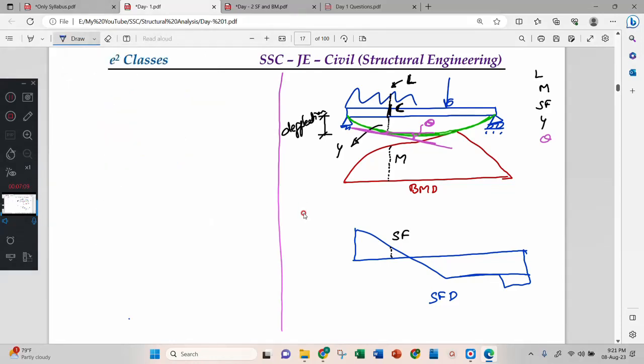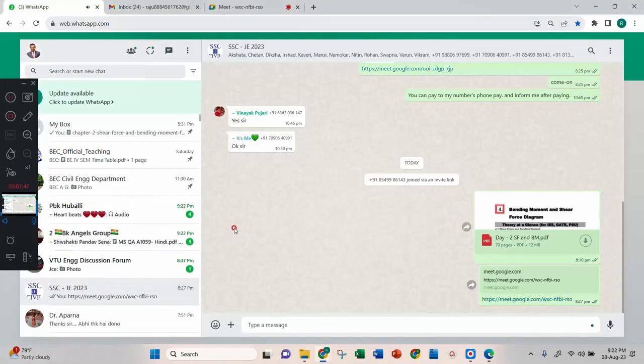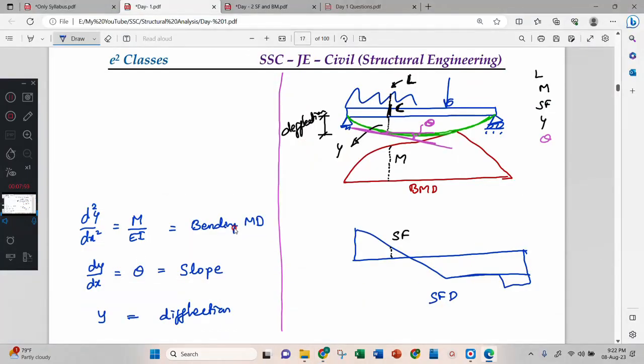Right from the bottom, y means deflection. dy/dx means theta, the slope. Next, d²y/dx² means M/EI, the bending moment diagram. d³y/dx³ means shear force.